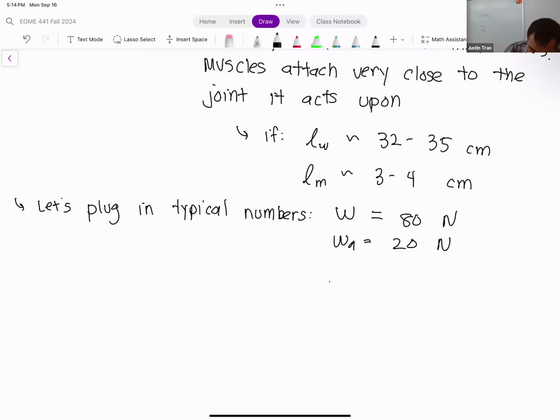Let's say that the muscle attachment arm is 4 centimeters. Okay. We'll say LA is about 15 centimeters, and then LW is 35 centimeters. Okay. Fairly typical values. Okay.